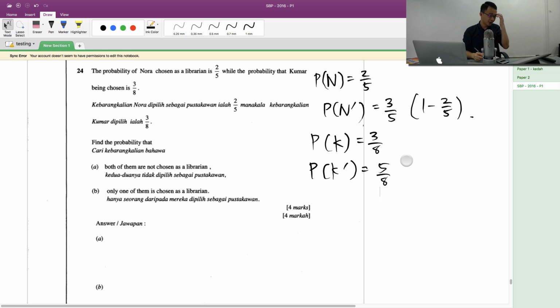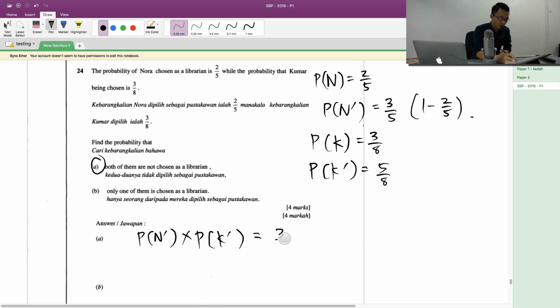Alright, so now for part A, both of them are not chosen. So it's very easy. Nora is not chosen, multiply with Kumar is not chosen, which is 3 over 5 multiply with 5 over 8. So you will get 3 over 8. Very easy.